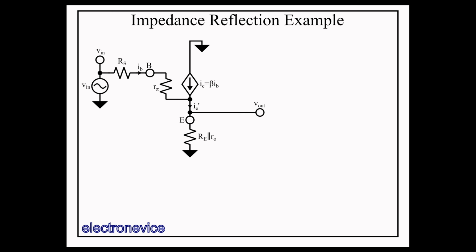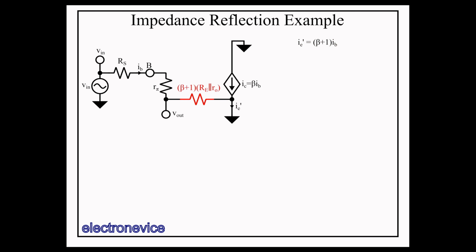So, recalling that IE prime is equal to beta plus 1 times IB, in order to reflect this resistance into the base, we need to find a resistance that produces the same voltage drop, but with only IB flowing through it rather than IE prime. This is, as you might guess, simply multiplying that resistance by beta plus 1, resulting in this circuit.